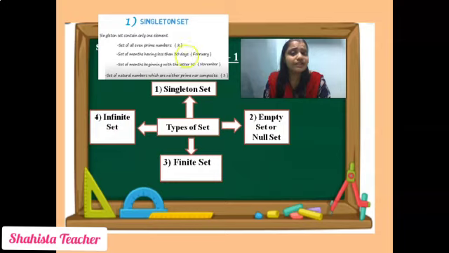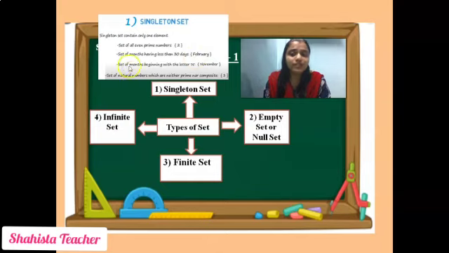April contains 30 days. That means only February is the month which contains less than 30 days, either 28 or 29. So here we will write open curly bracket, February, close the curly bracket. Is that clear? So only one month contains less than 30 days, that is February.